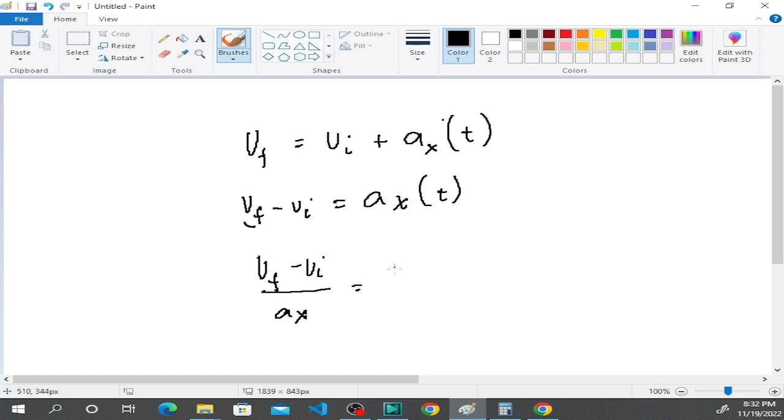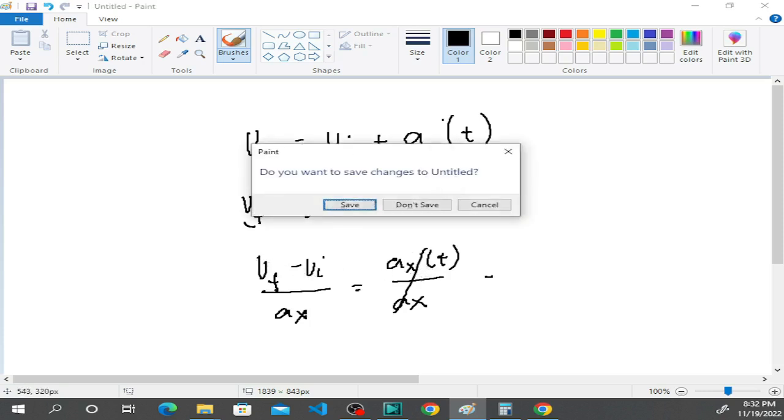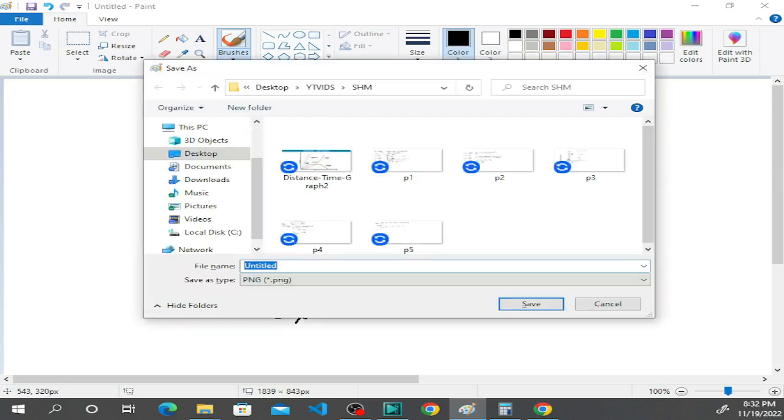A sub x times time over a sub x, you will see that t is vf minus vi all over a sub x, and that's another formula that you can use. So this is P6.